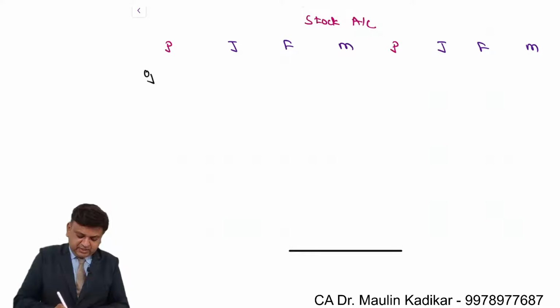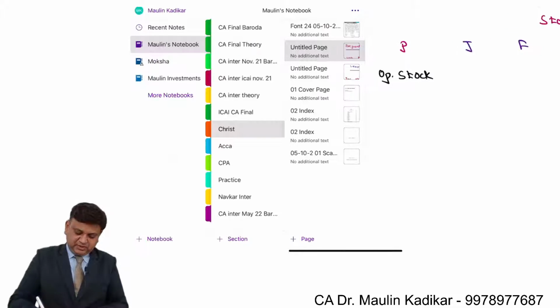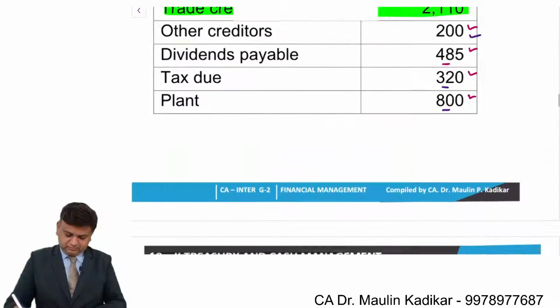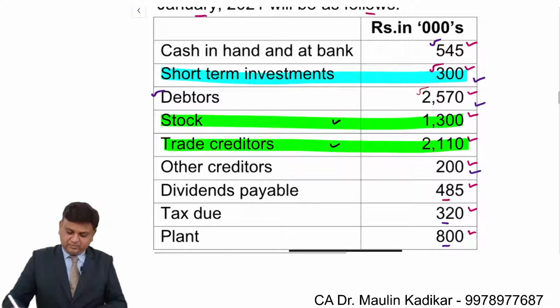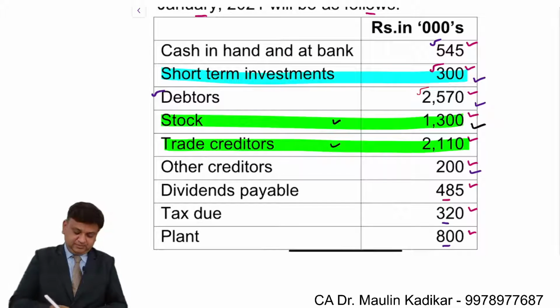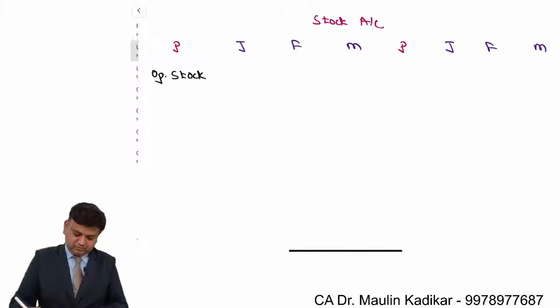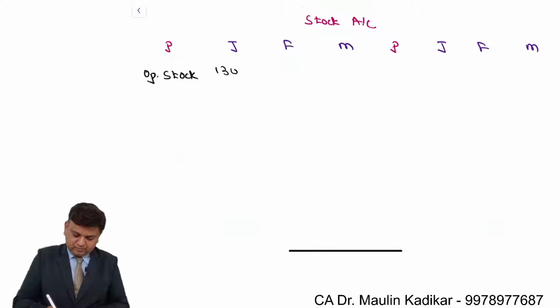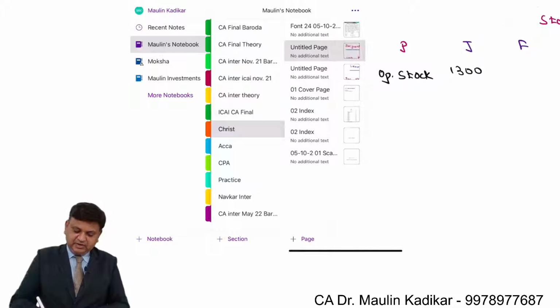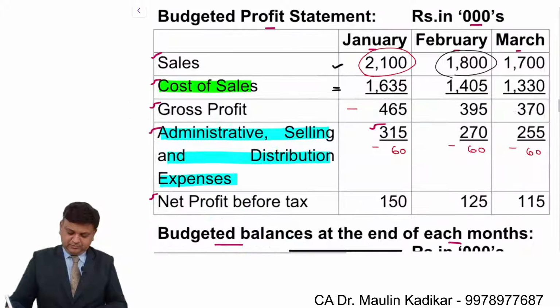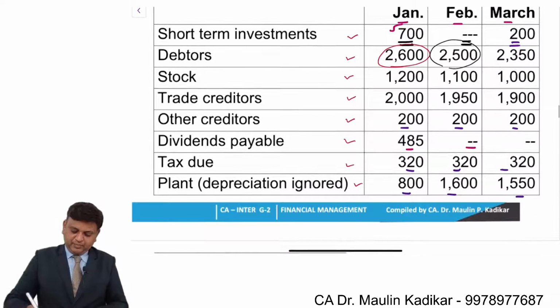We will have over here opening stock on 1st of January, that is an amount of 1,300. Then we have been given the closing stock for January, February and March.